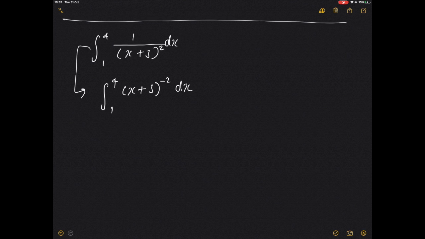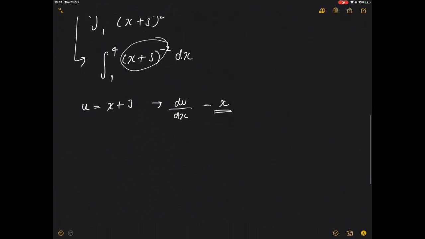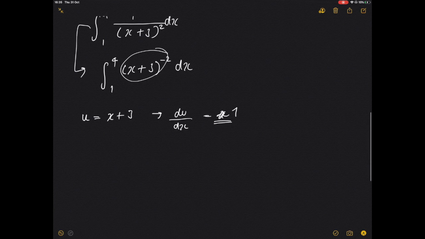We've just shown that if we've got something in this form, we have to do integration by substitution. So our u value would be x plus 3. Therefore, du by dx would just equal 1.